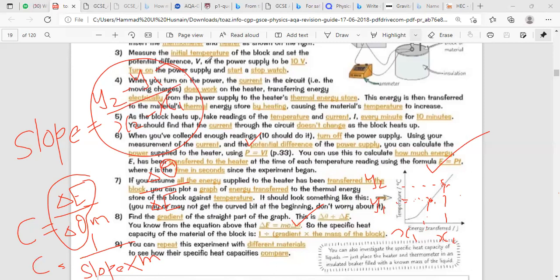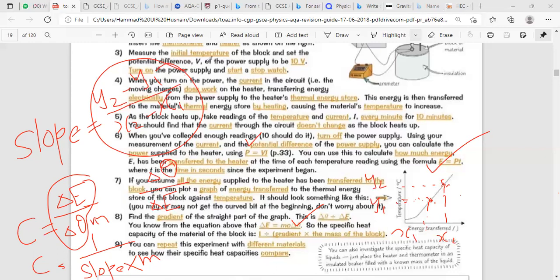So how will you do that? You will just find the slope first, or gradient. Slope and gradient are the same thing. You find the slope or gradient of that curve, and then you multiply the mass with it, and then you take the reciprocal of that value, and it will give you the specific heat of that material.